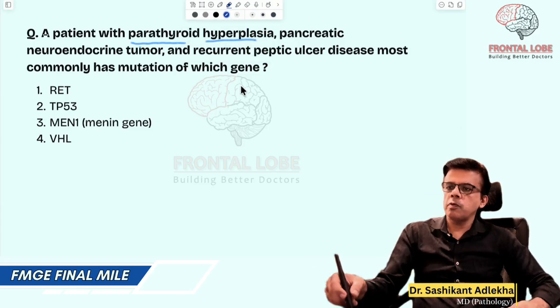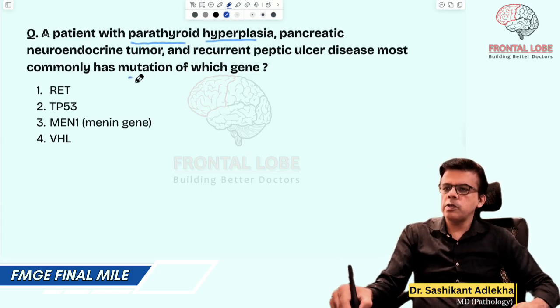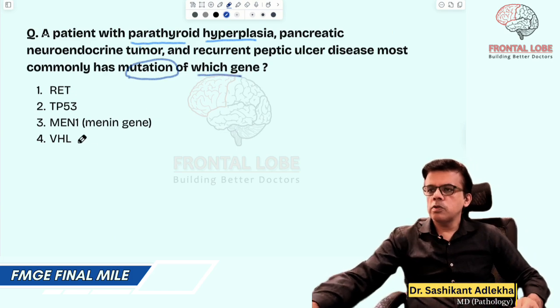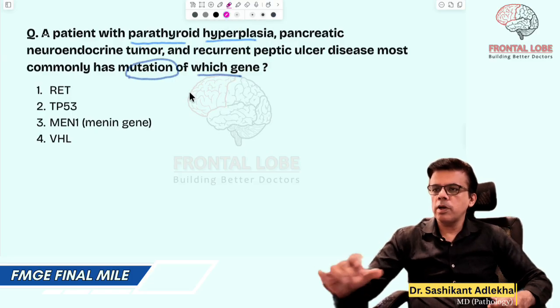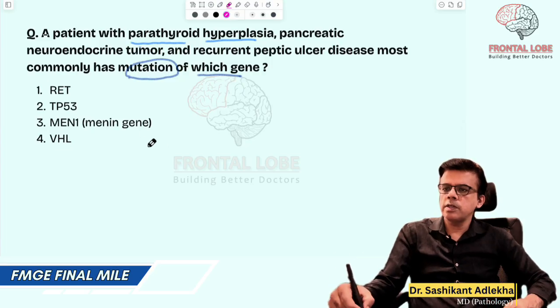It is asking which mutation is seen in this particular condition. First we need to identify the diagnosis. The common diagnosis seen over here is MEN1 syndrome.